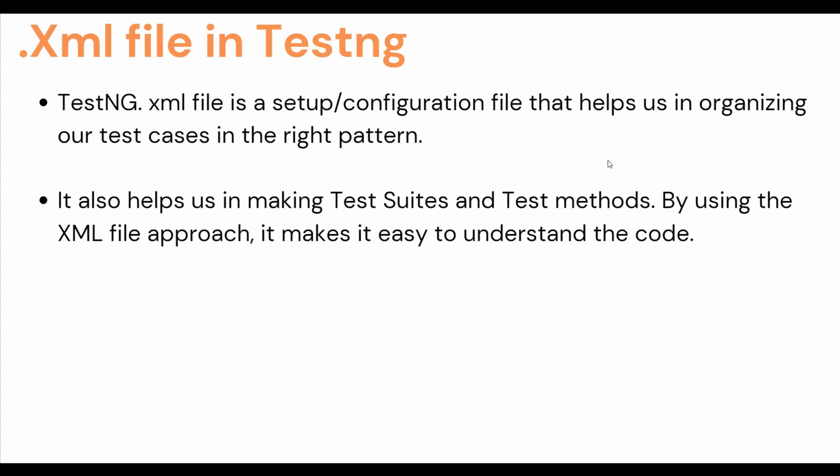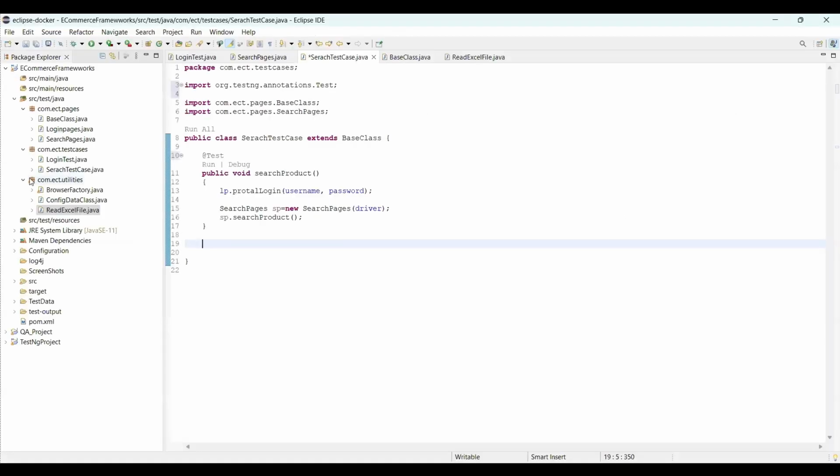It also helps us in making test suites and test methods. Using the XML file approach makes the code easy to understand. In the XML file, we just define the classes which I'm going to execute. The XML file will help us add the listeners as well.